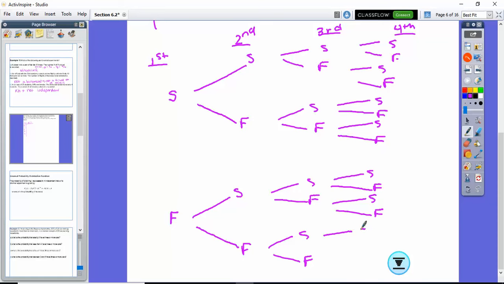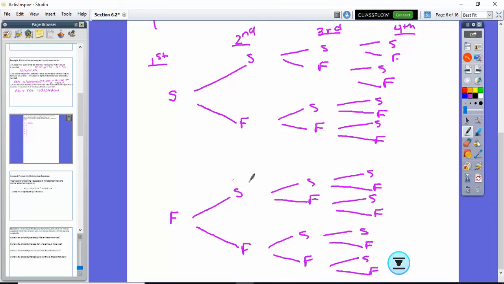Okay, so how many total different options do we have at the end? 1, 2, 3, 4, 5, 6, 7, 8, 9, 10, 11, 16. There's 16 different outcomes, because it's different if the first flight is on time and the other 3 are late versus the first 3 being late and the last one being on time.